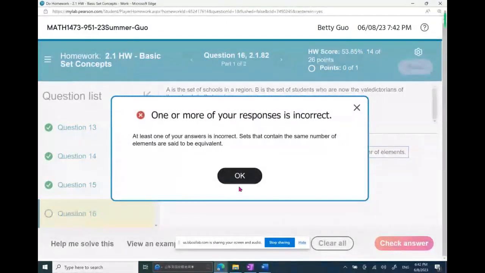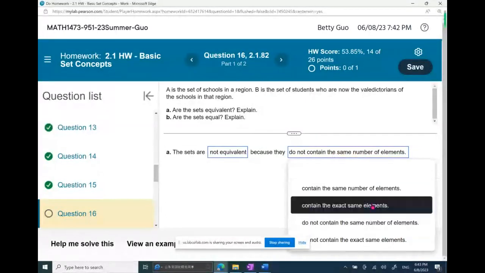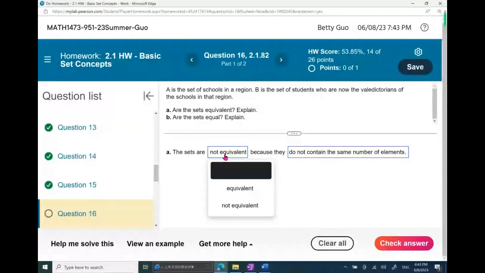At least one of your answers is incorrect. Sets that contain the same number of elements are said to be equivalent. Let's try this.